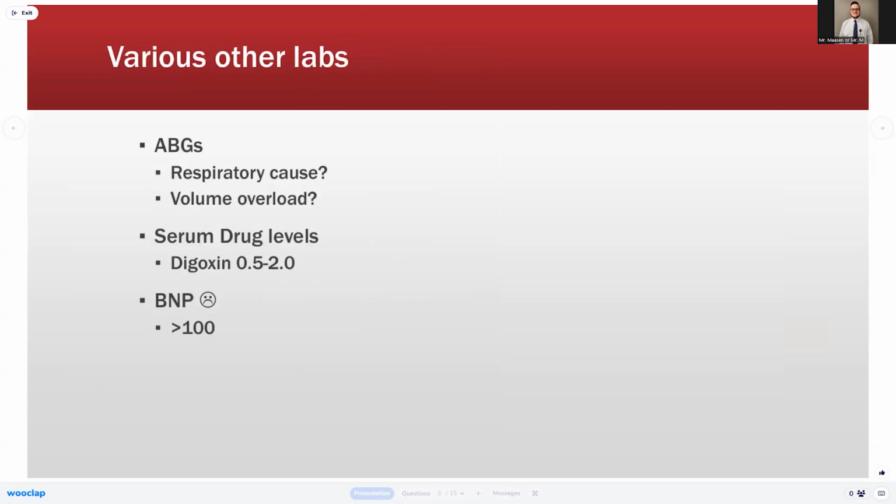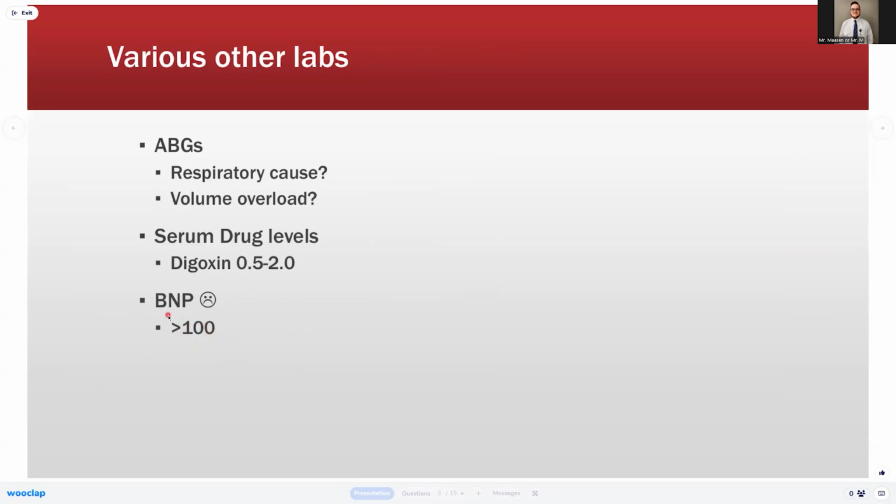Other stuff, ABGs can be helpful when there's other conditions causing cardiac disruption. Drug levels for cardiac meds like digoxin. One to highlight here is BNP. BNP is a natriuretic peptide hormone, or a measurement of this. This hormone is released by the atria of the heart, actually with a goal to decrease blood pressure.